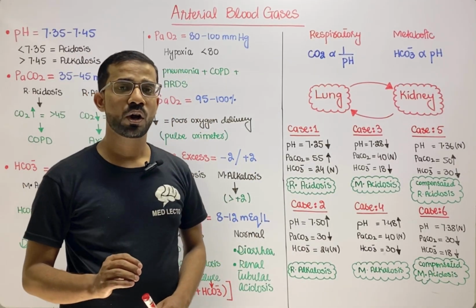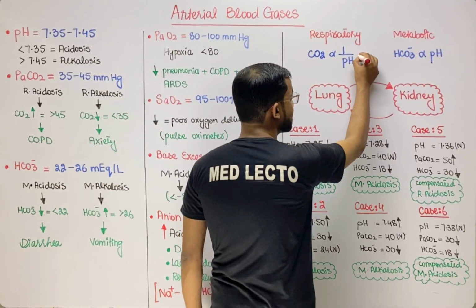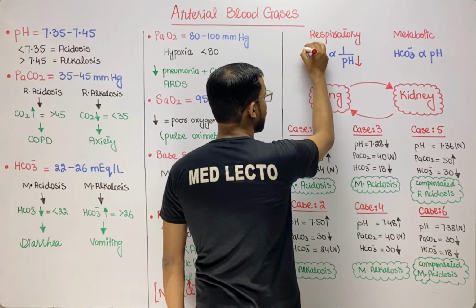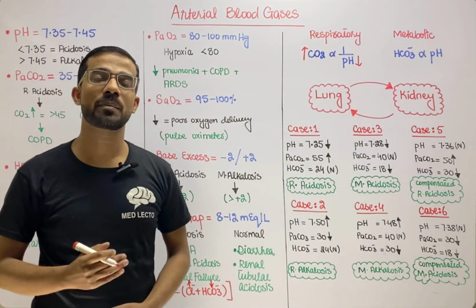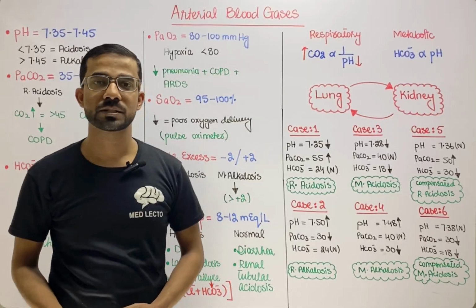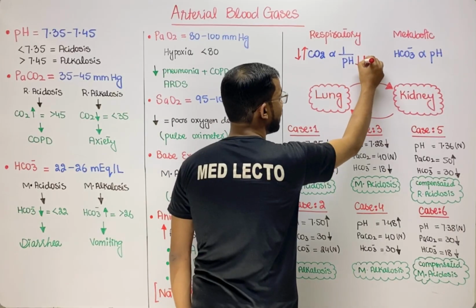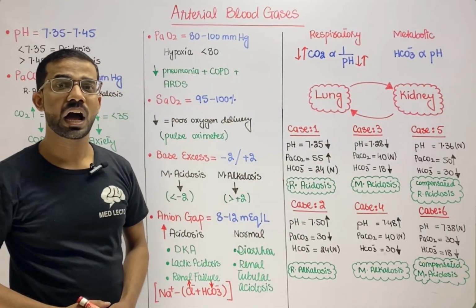You just have to check the pH. If the pH is decreased, then the concentration of carbon dioxide will be high, because high carbon dioxide concentration decreases the pH. If the concentration of carbon dioxide is low, then the pH will be high. High pH means it will go towards alkalosis.